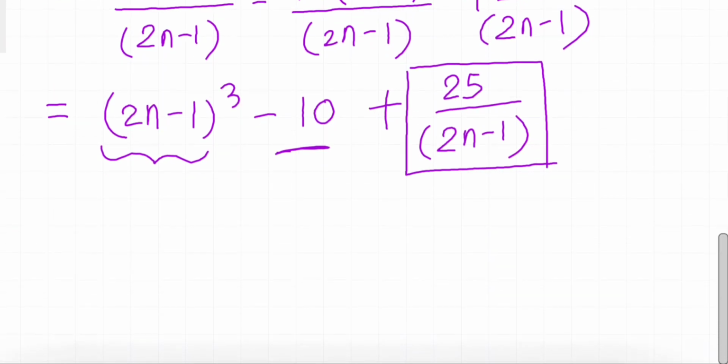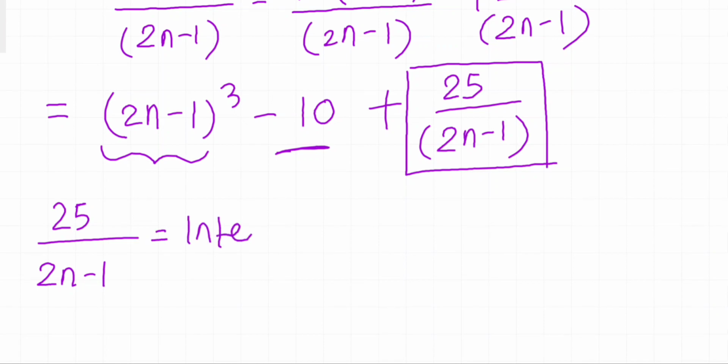So now we'll see when 25 by 2n minus 1 is an integer. So if you see, this term divides 25, it means 2n minus 1 must be a factor of 25.